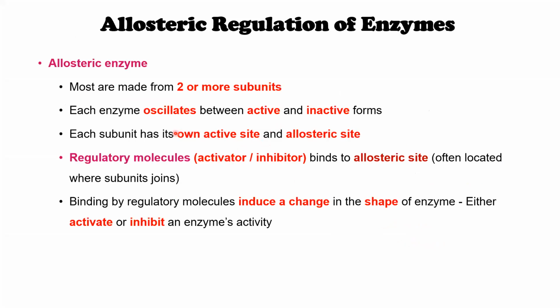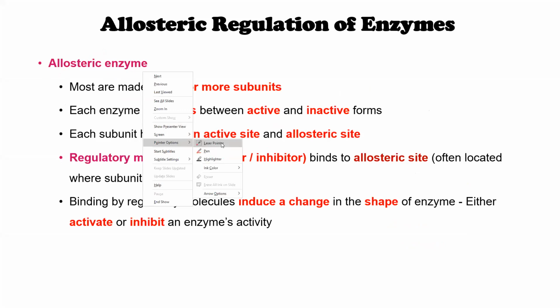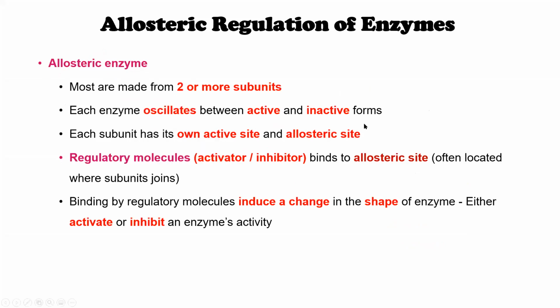This slide I've added to explain that this type of allosteric regulation involves an allosteric enzyme. So what is an allosteric enzyme? It is an enzyme that has 2 or more subunits.